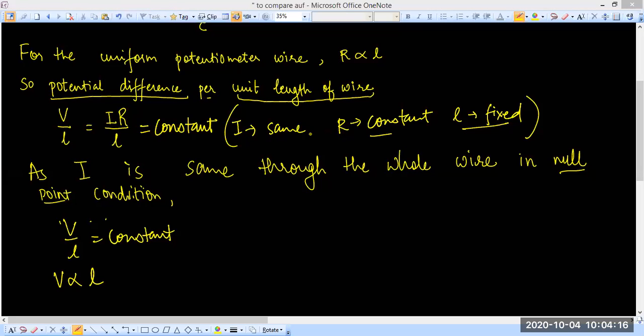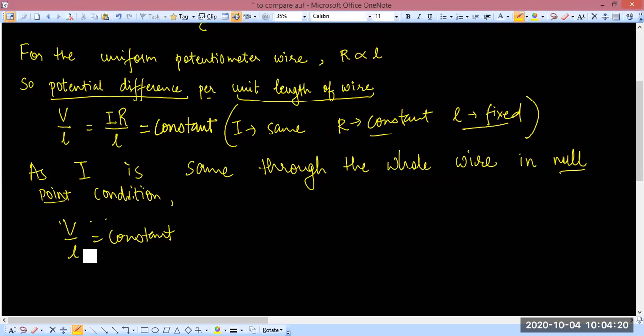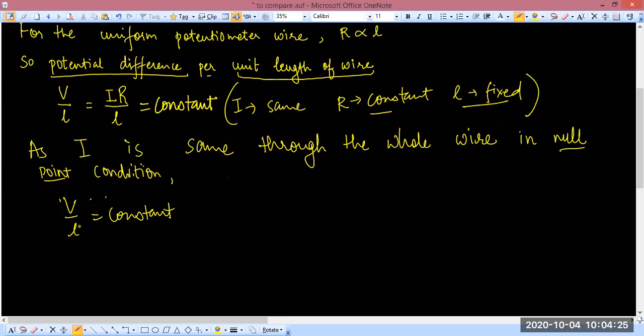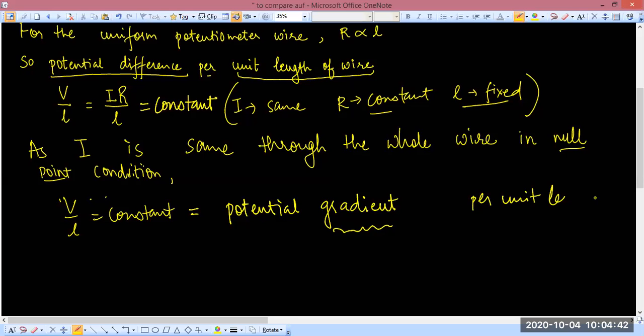Now see, whenever we have V upon L constant, we give this constant a name, and this is called potential gradient. I hope you have read this word earlier. Gradient means per unit length, correct?